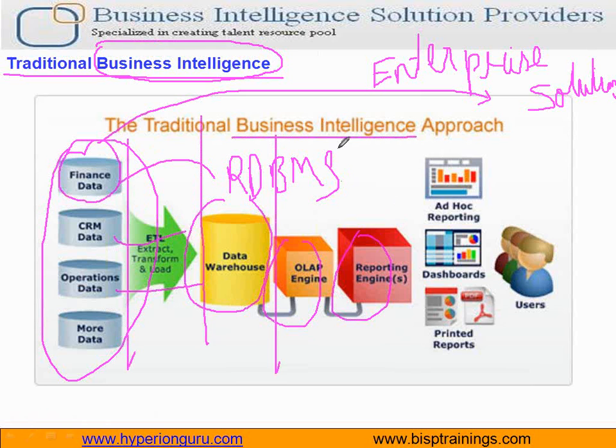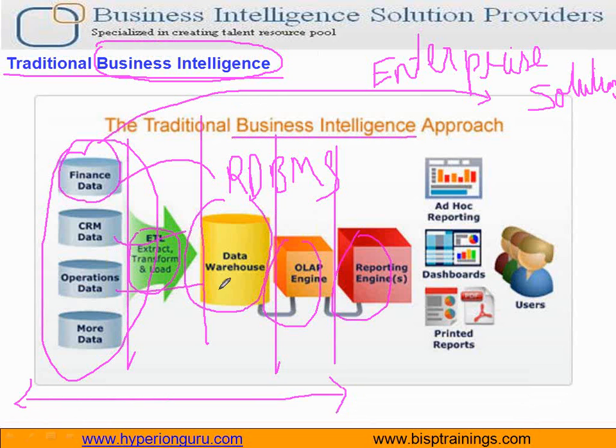From a cost point of view, it's very expensive because people have to procure licenses for transactional BI to play with data, data transformation, data cleansing, data storage systems, and then you have reporting. So this is a whole implementation.